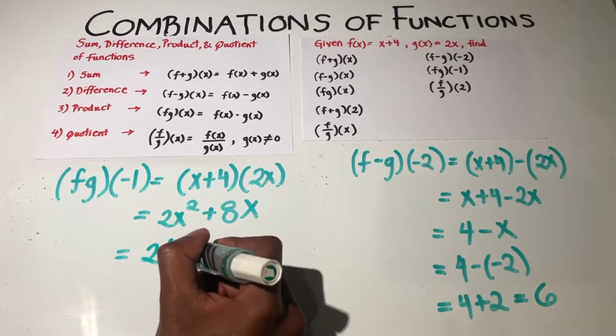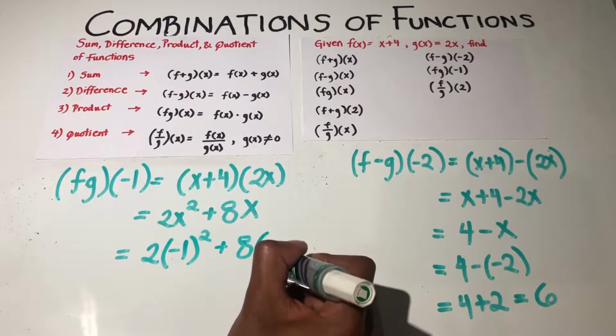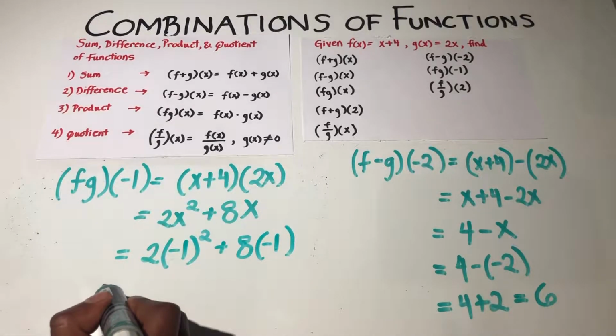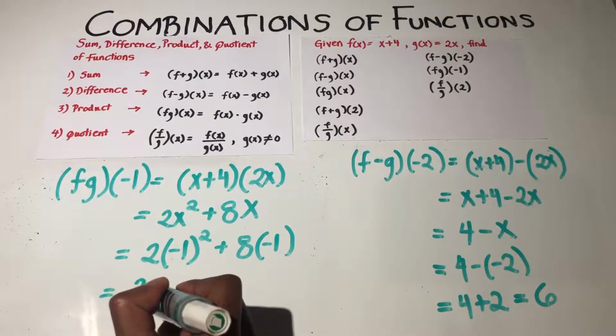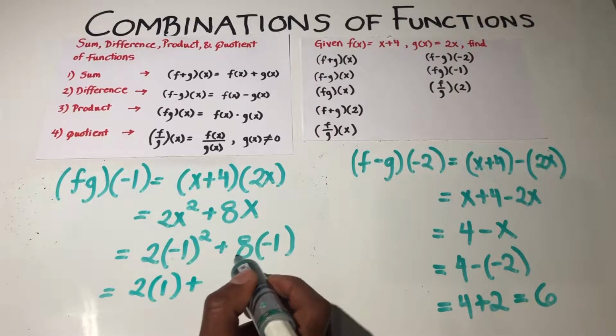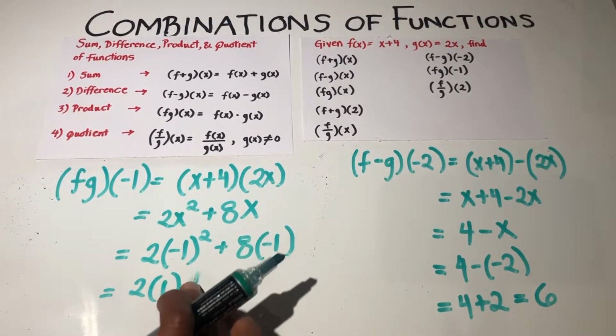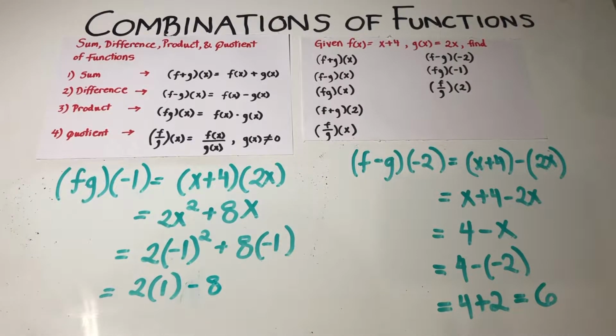It's going to give us 2 times -1 squared plus 8 times -1. -1 squared is just 1, so 2 times 1 plus, well, we have -8 here, so we can get rid of the plus and just subtract 8. 2 times 1 is just 2. So we have 2 minus 8, and that's simply -6.